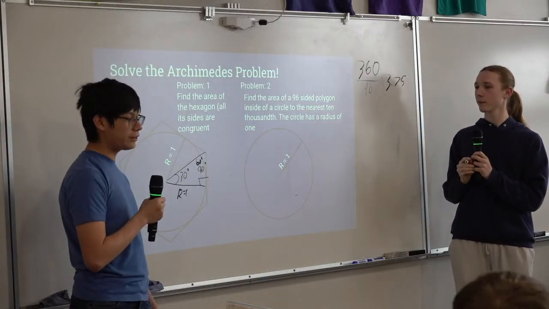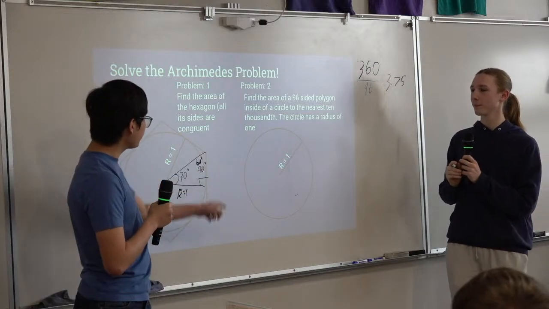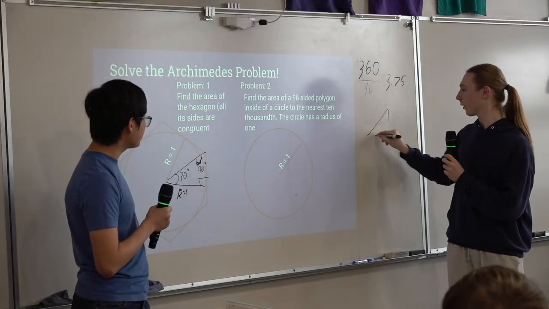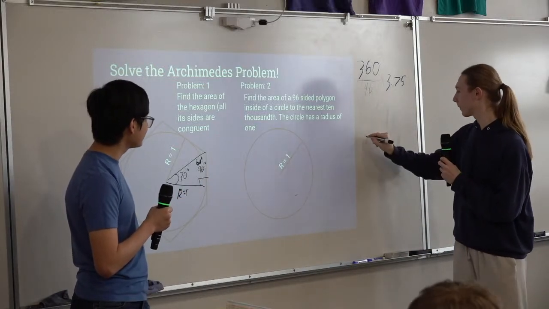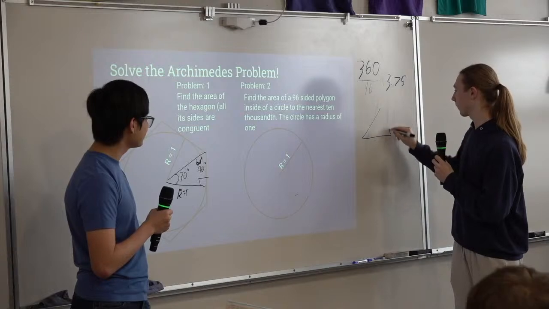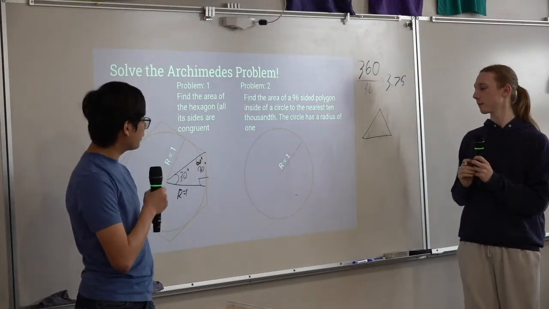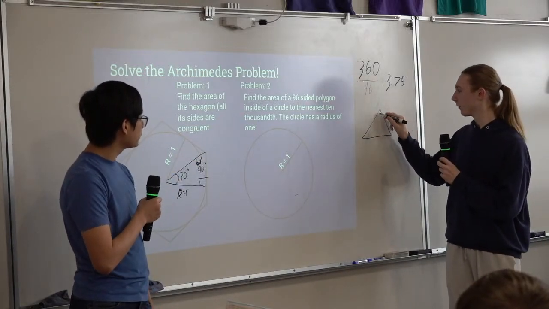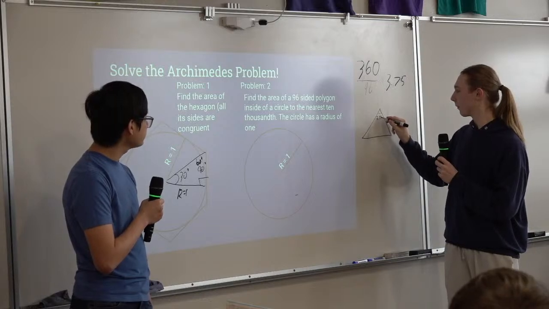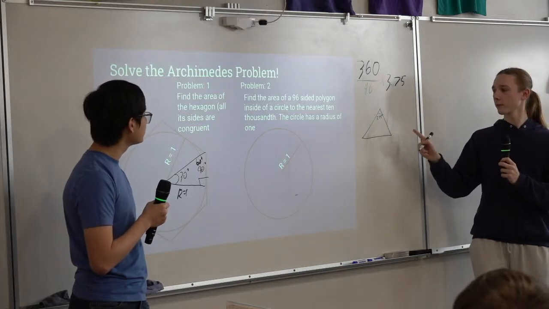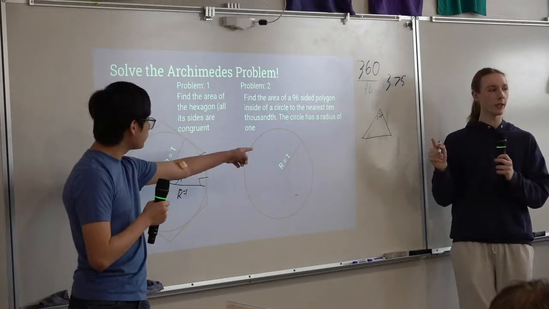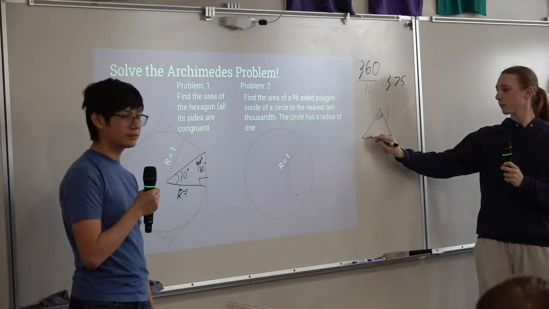180 degrees in a triangle. Can you draw a triangle for me, please? A right triangle? No, isosceles. 3.75 at the top. Right. So where the base is going to be? What's the base of the triangle? The angles of the base is going to be?